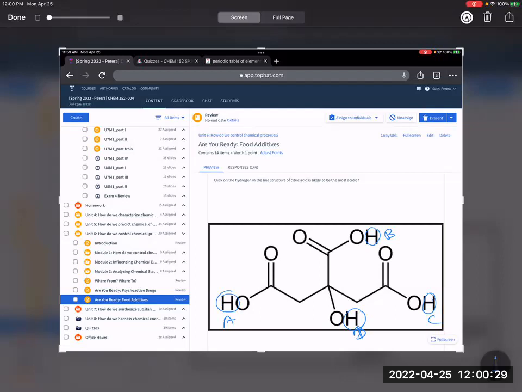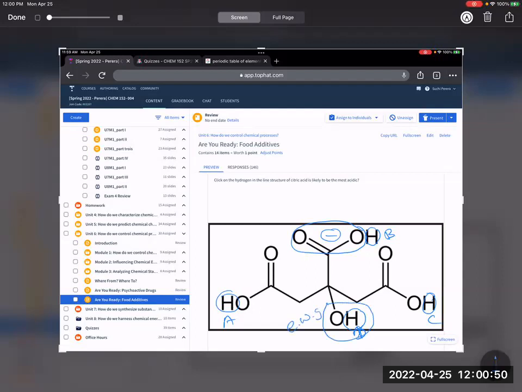But when it comes to option B over here, you can see that the charge bearing side would be this spot over here, and this is going to be just one bond away from this OH group, which is going to be an electron withdrawing group.